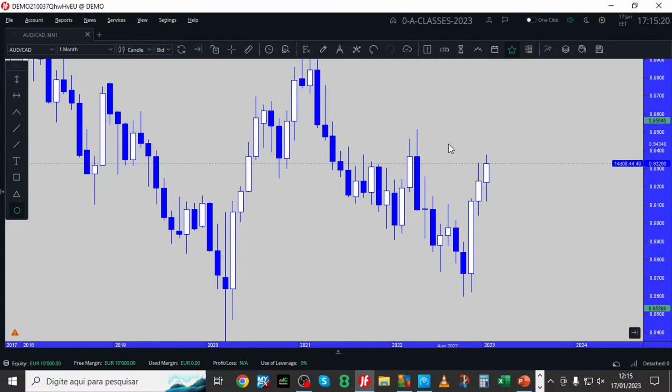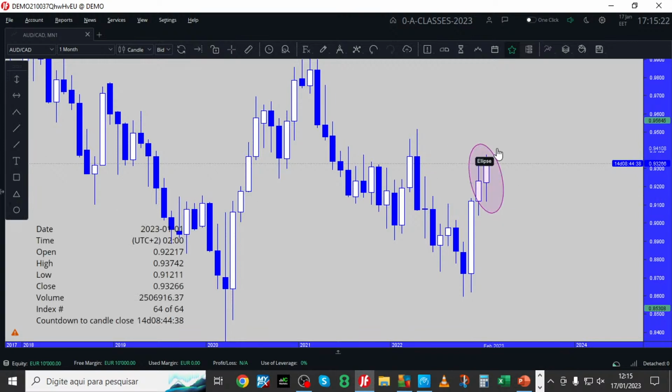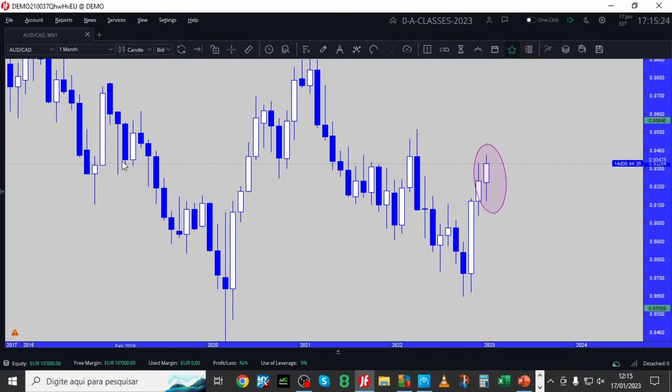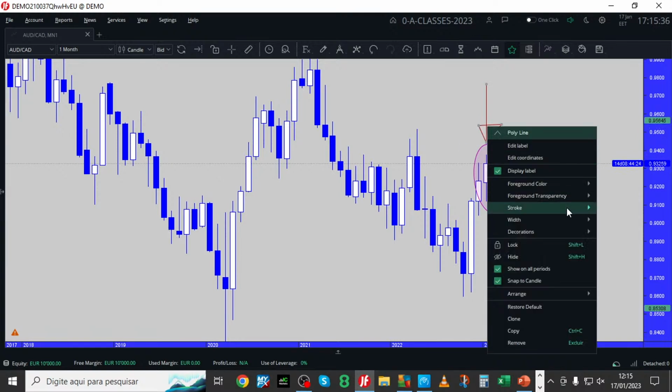Question, everybody: is this candle a high? Let me put an arrow here, everybody, give me a second, polyline. Is this candle, arrow pointing at, a high? Type in the chat, yes or no. Don't be shy, we don't bite.